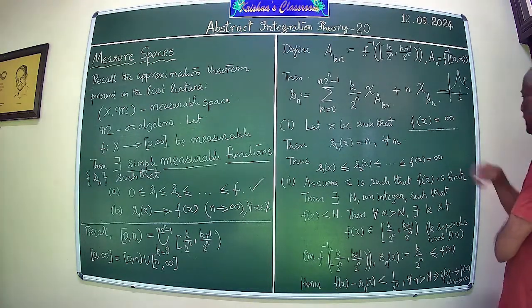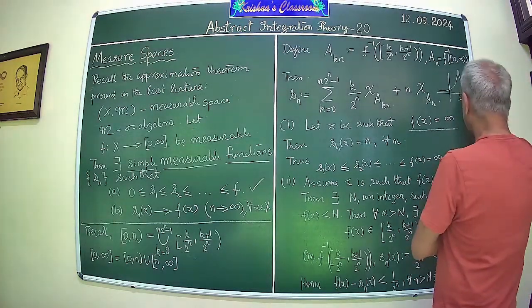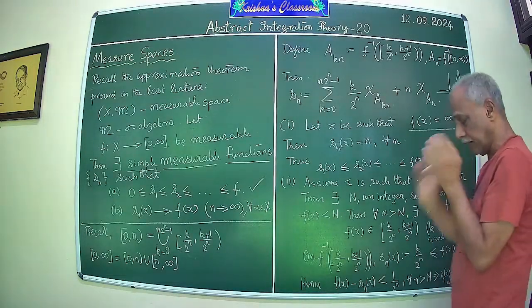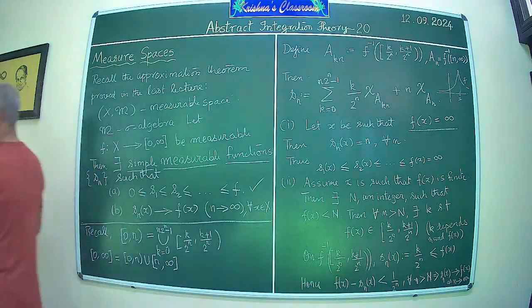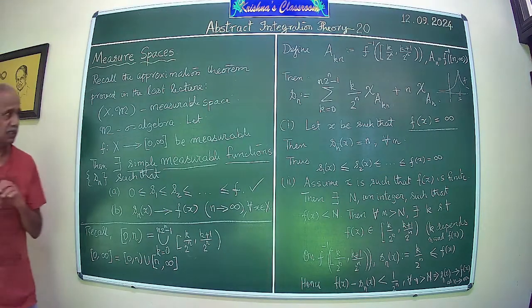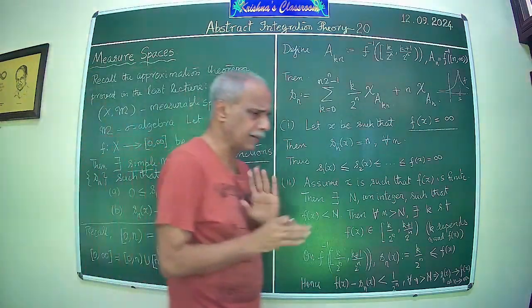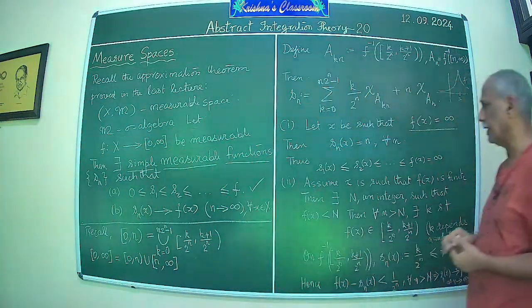Otherwise, at other points, f(x) takes a finite value. So these are the two distinct possibilities. We take up both separately.